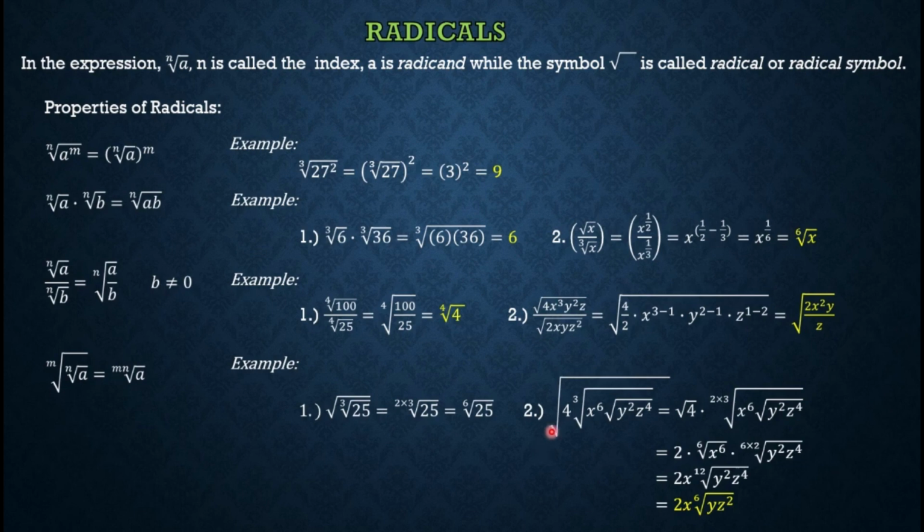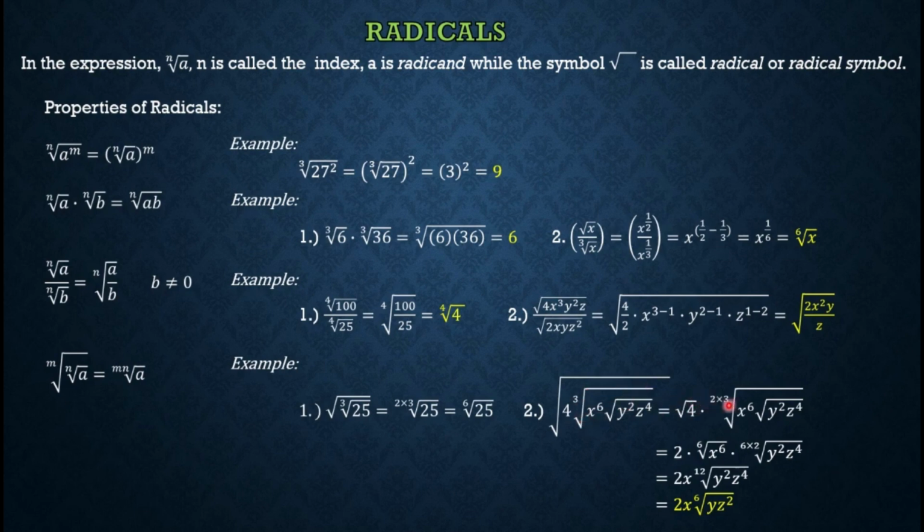So for example, the square root of 4 cube root of x to the power 6, and then the square root of y squared z to the power 4. So first thing to do is we separate the square root of 4, and then this one here can be multiplied to the second radical symbol.